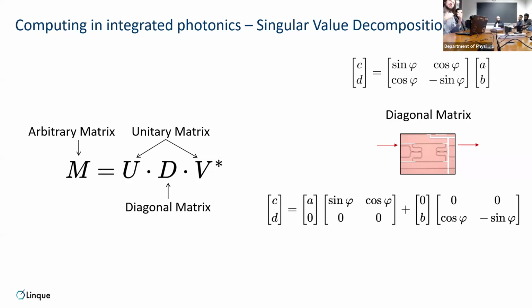The main application where it is being targeted is AI. And in AI, you need a lot of matrix multiplications. But the good thing about AI is that you need fairly low precision, right? Even in digital accelerators, you use 8-bit, sometimes even 4-bit precision. And in that case, it works perfectly.